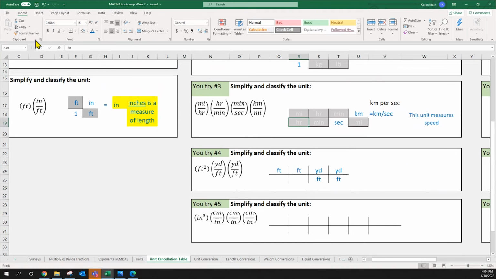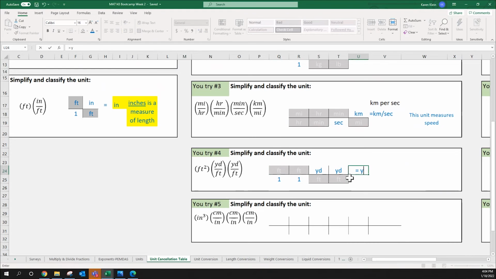And when we do that, it's easy to see that the feet is going to disappear for 1, but we have another foot that gets to go away. So we're going to cancel out this next pair. And we see we're left with 1's in our denominator, but we have 2 yards left in our numerator.